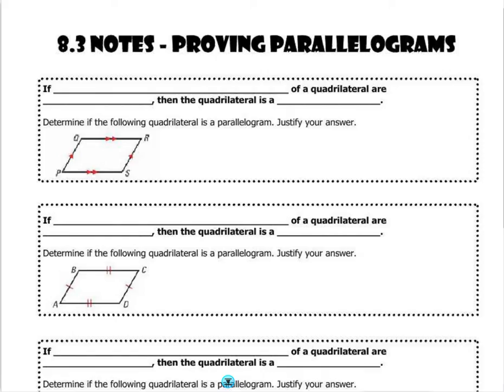So we look at our first box here. If both pairs of opposite sides of a quadrilateral are parallel, then that quadrilateral is a parallelogram.